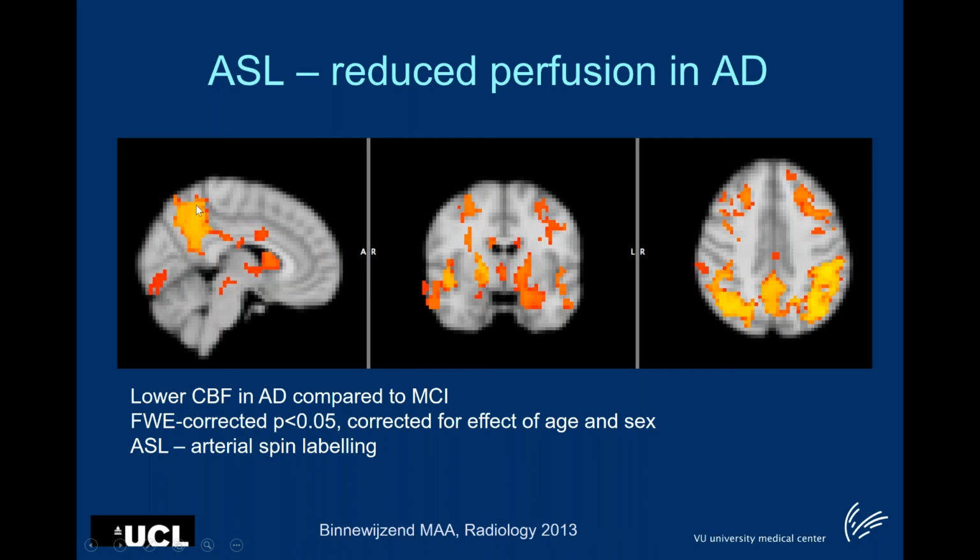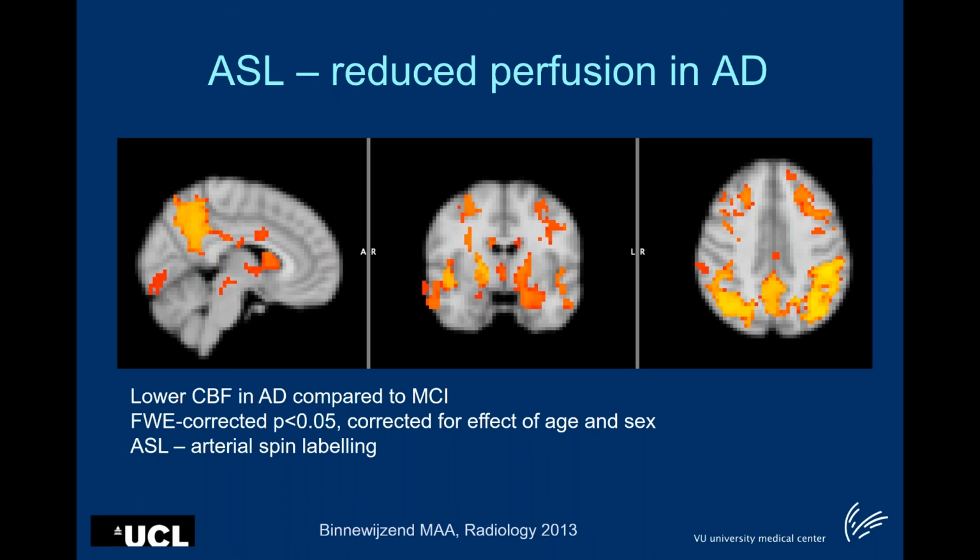Again, involving the areas that we also see in the default mode, so the precuneus, but also more lateral parietal areas that we see on FDG. So overall, it's relatively concordant with FDG, but FDG has a better signal to noise than ASL. Disadvantage, of course, is that you have to inject a tracer and radioactivity is involved.